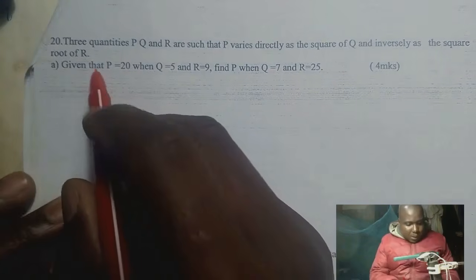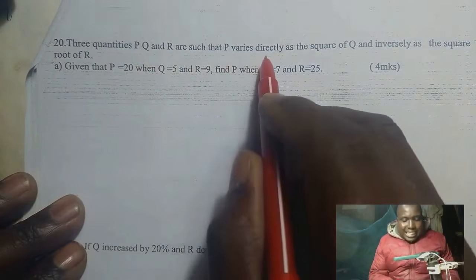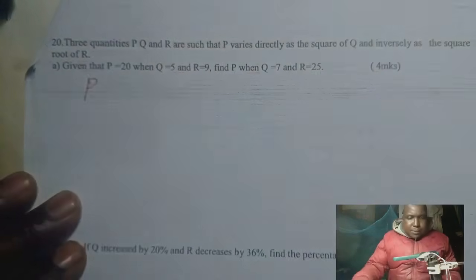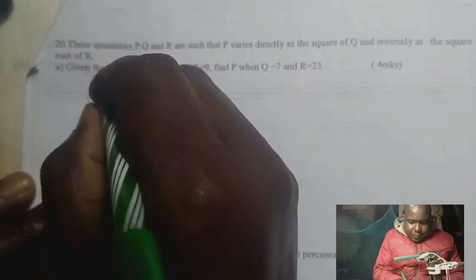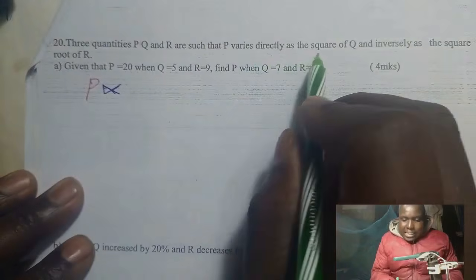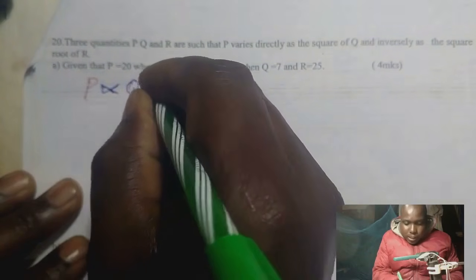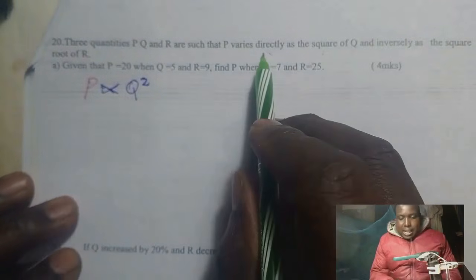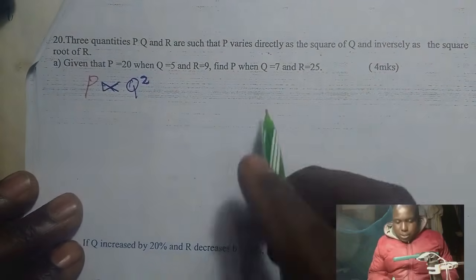So three quantities P, Q and R are such that P varies directly as the square of Q, so Q squared. That is the direct variation.